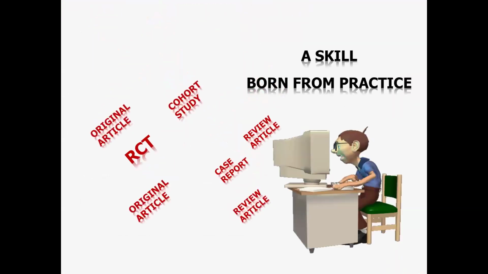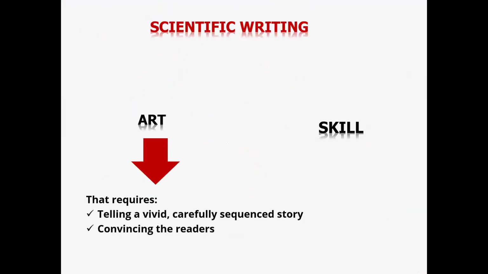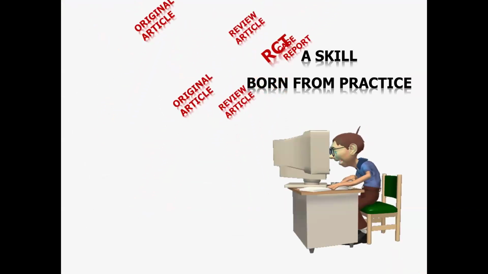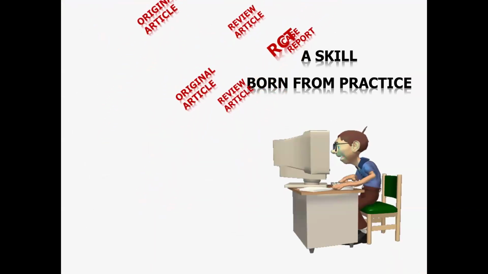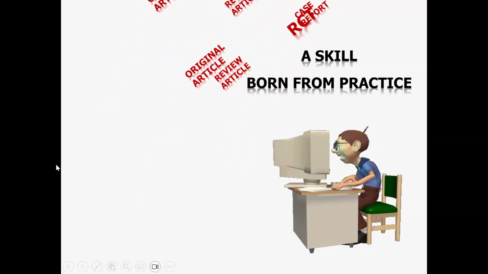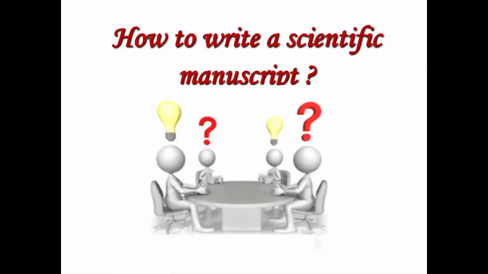It is an art and science. Writing scientific research is the art of telling a vivid and carefully sequenced story, and an art of convincing others of what we did. It is also a skill, and these skills are born from practice. So you need to practice doing research many times in order to master the science and art of doing research.